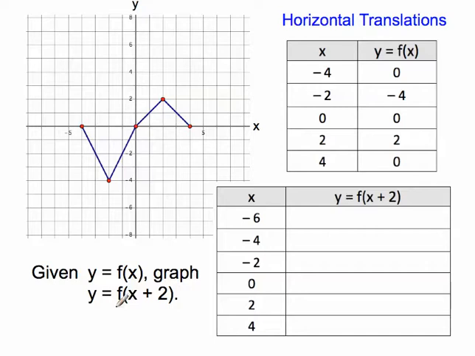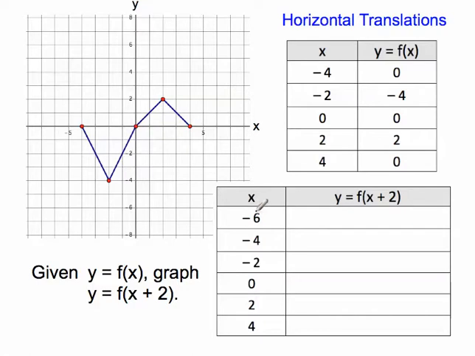What that means for us is that before we can look up the y value, or the f of x value, on either the table of values or on the graph, we're going to have to add 2 to whatever our x is. Okay, let's take a look at what that means.